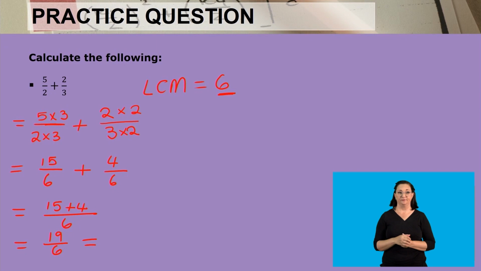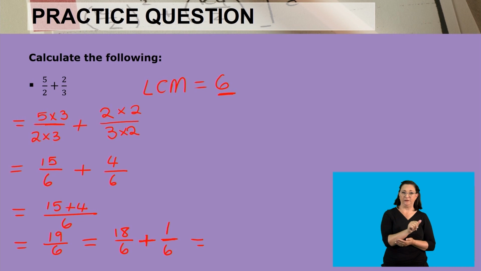But we cannot leave it like this. We have to simplify it. So how are we going to simplify it? Let's look at that 19 and whether we can now separate it into 2 common fractions. If we say 18/6 plus 1/6.